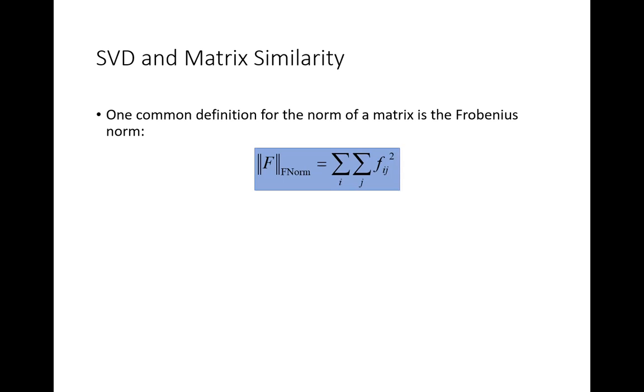We can ask what is the similarity or the error between the original matrix and the reconstructed matrix. A common definition for measuring this difference is known as the Frobenius norm, defined as shown in the expression, where Fij squared is the difference between the elements at row i and column j of the original and the reconstructed matrix.